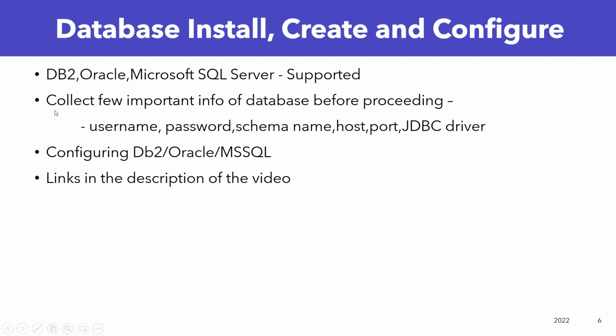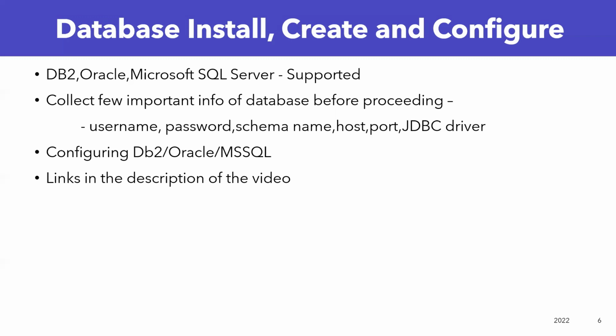And then once the database is properly set up, you definitely need to get specific database information from your database administrator: the username, the password, the schema or catalog name, host, port, and the driver. Those are the inputs that you need to provide when you are installing the Sterling application.